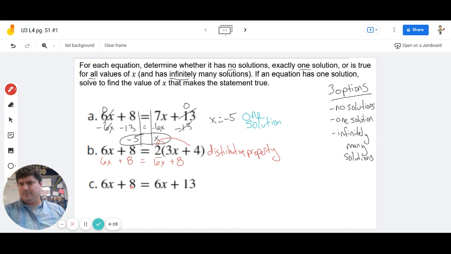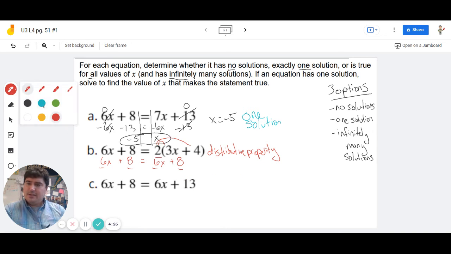Now you're thinking to yourself, Mr. Stalder, we see on each side of the equation the same thing, 6x plus 8. If we see the same coefficient, 6 and 6 in front of the x, and the same constant, 8 and 8, we know that's going to be infinitely many solutions.